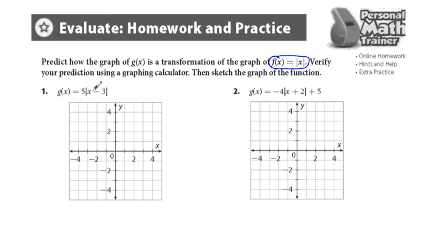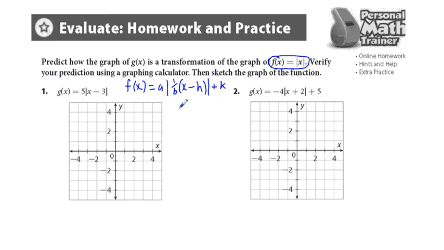Problem 1, g of x equals 5 times absolute value of quantity x minus 3. So I hope that you remember that the standard form of the absolute value function is f of x equals a times 1 over b times quantity x minus h, and then close absolute value brackets plus k.